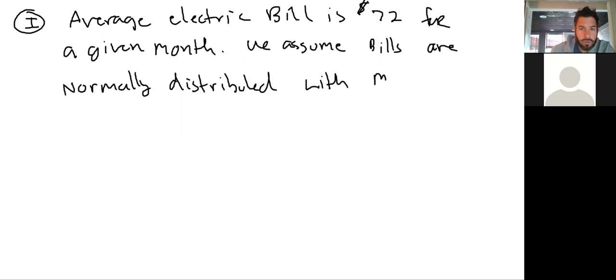And so if we assume they're normally distributed, maybe it has some specific standard deviation. So let's go with $6.